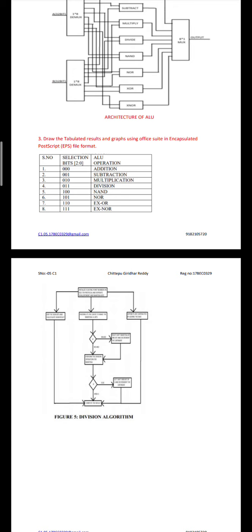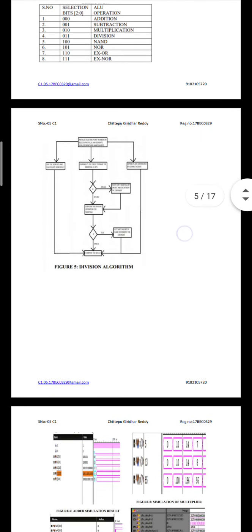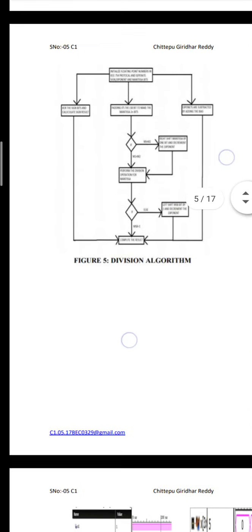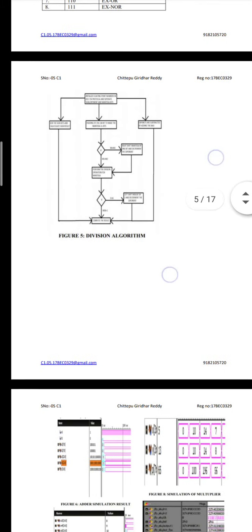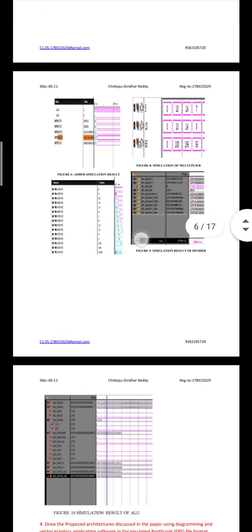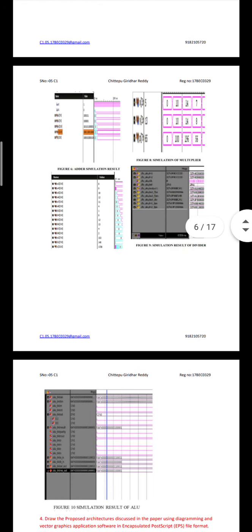If we have 101, it is the operation of NOR, and if we have 111, we have the operation XNOR. And this is the division algorithm flowchart, which works as shown in the flowchart.